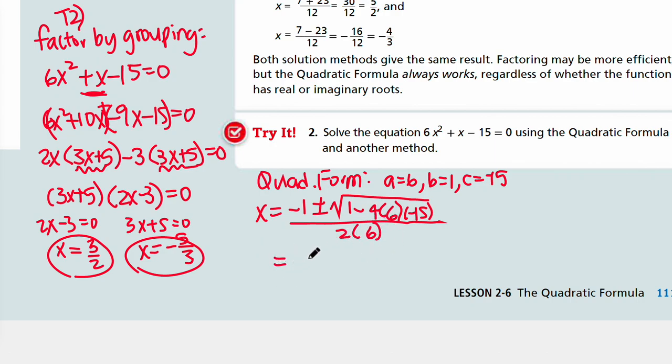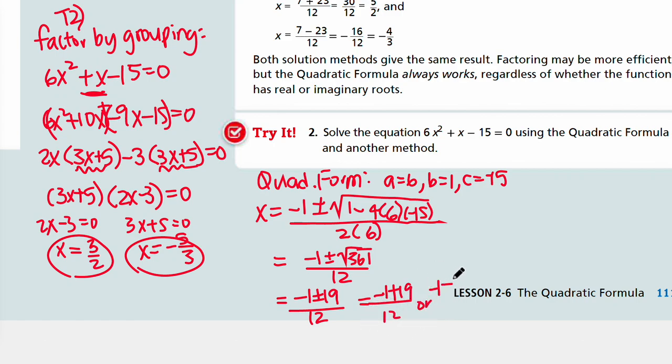And then you simplify, and you'll get square root of 361 over 12, and if you take the square root of 361, it's a nice little 19. So now you're lucky. And then you add 19 to negative 1, or subtract 19, and then divide it by 12.